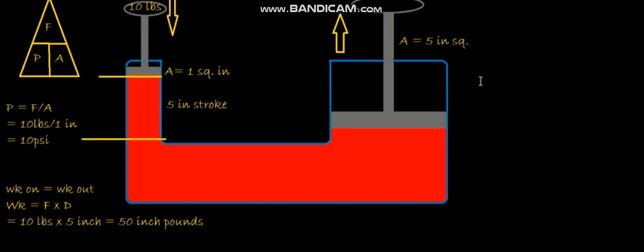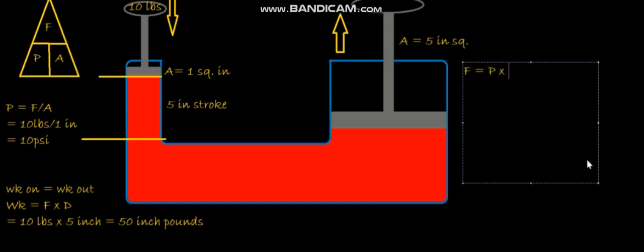Now, say, okay, well, I've got 5 square inches, and what do I know? Well, let's see. I know that my force is equal to pressure times the area, right? So my force is going to be equal to pressure in PSI times my area. And I know we just calculated that I have 10 pounds per square inch over here, don't I?